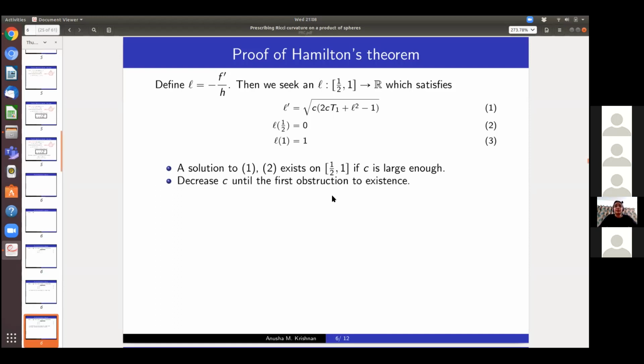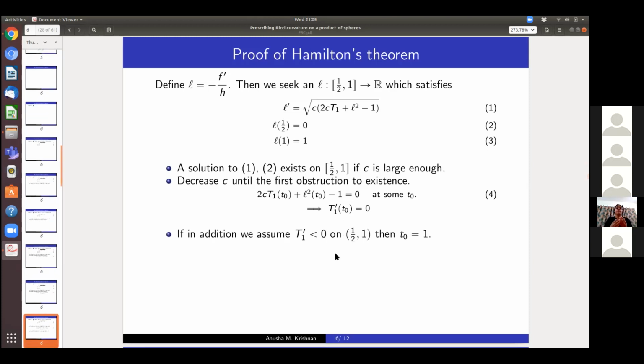Then the idea is to keep decreasing the number C, which now is a parameter for the solution, until the first obstruction to existence, and see what happens there. The first obstruction to existence would come from the stuff under the square root becoming negative or becoming 0 at some point T naught, which also implies the following condition on T1 prime at that point.